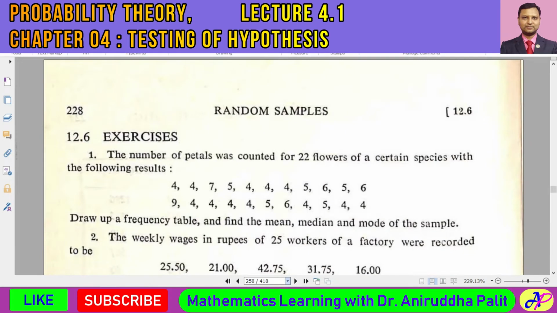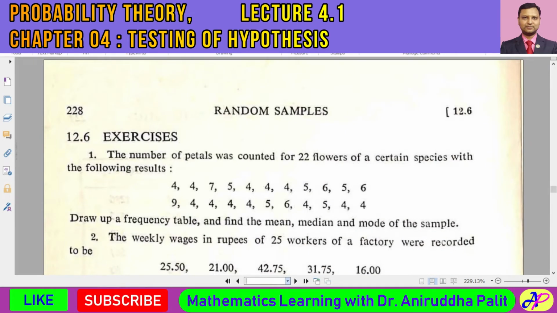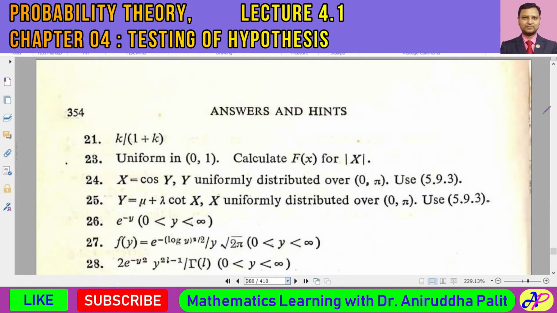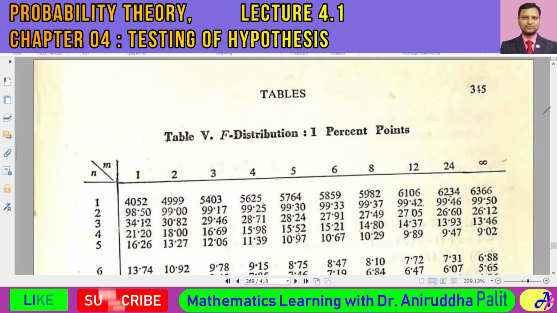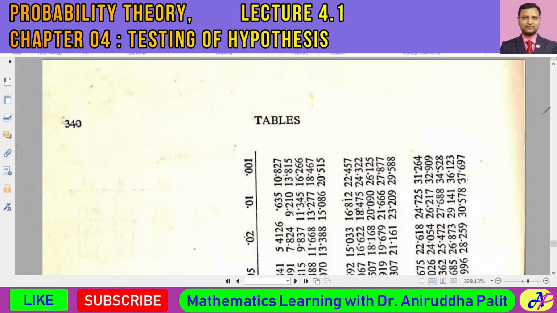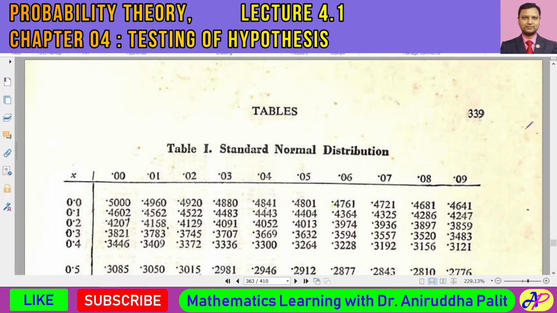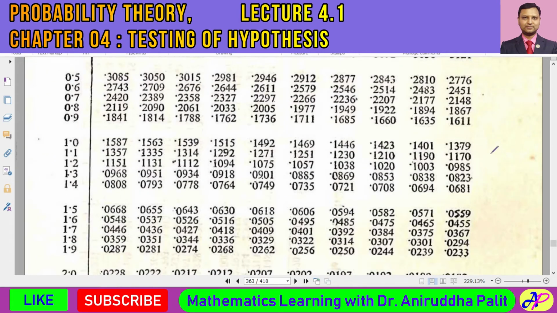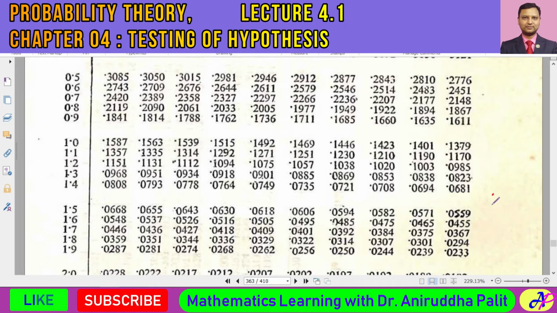No, at the end, probably about... Distribution table. Yeah, standard normal distribution table. There you will have to identify this. These are all probabilities. Now in this probability you shall have to identify where is 0.05.